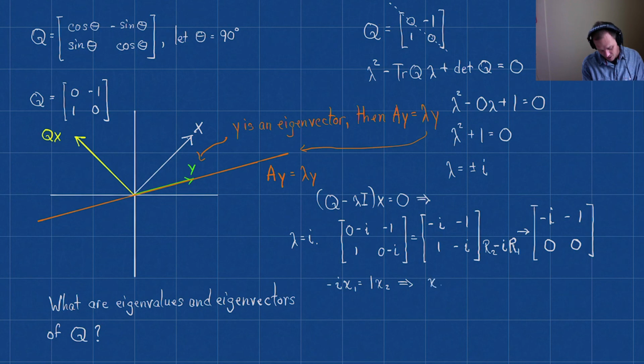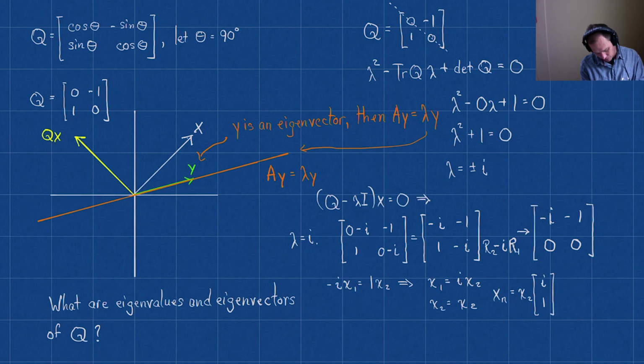So I have x1 equals i times x2, and we can see that x2 is free. So our null solution, our xn in this case, is going to be x2 times (i, 1). That's pretty simple, so our eigenvector that goes with the eigenvalue of i is (i, 1).